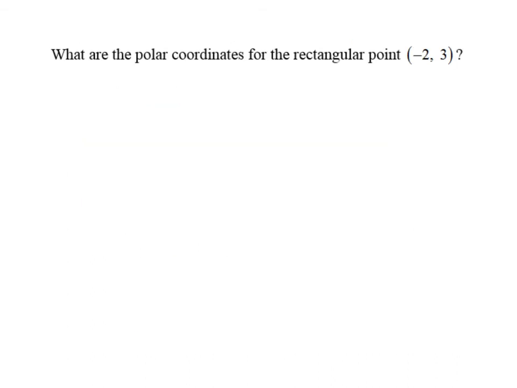Go ahead and figure out what the polar coordinates would be for the rectangular point -2, 3. If you want to draw that out, it's not a bad idea. Let's see, -2, 3: -2, and 1, 2, 3. So we're right here for our x and our y.